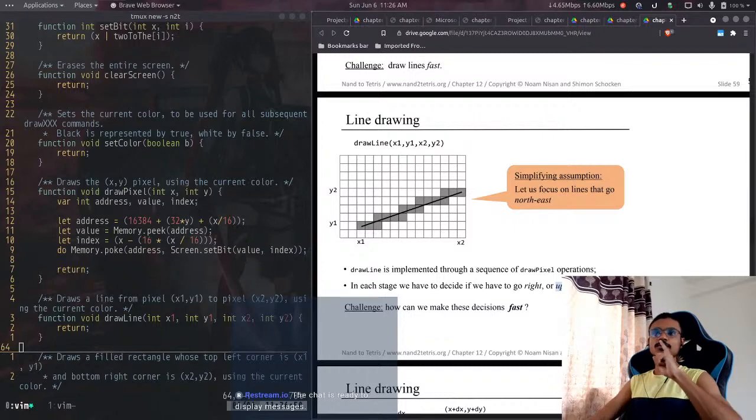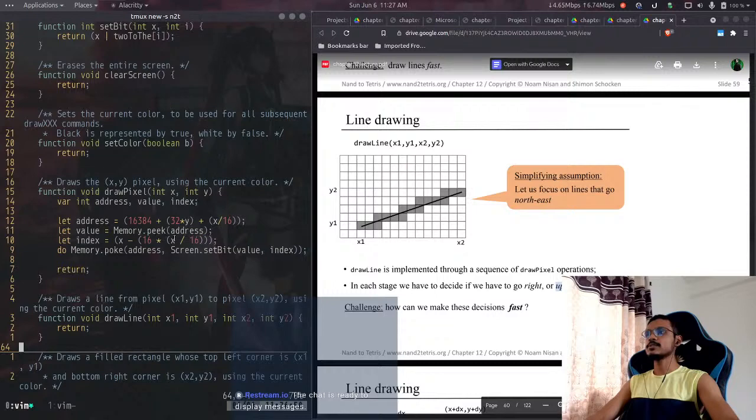You know what would be an efficient solution? In the draw pixel, we are just creating a single pixel.